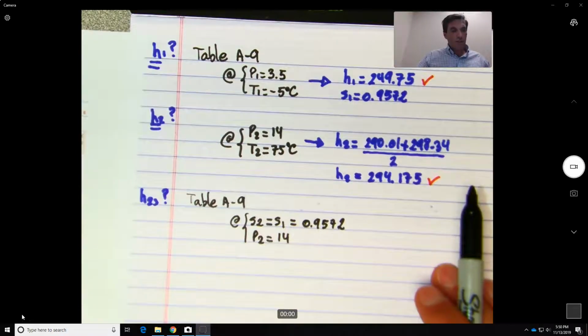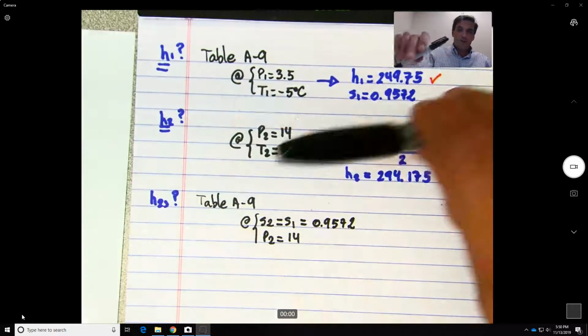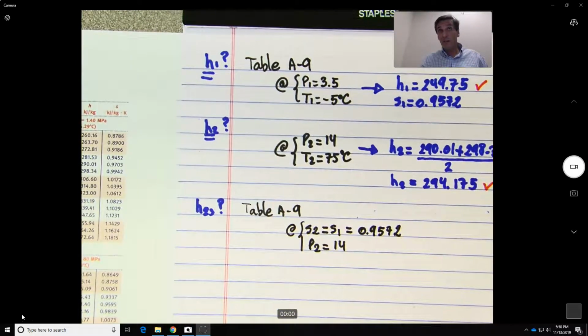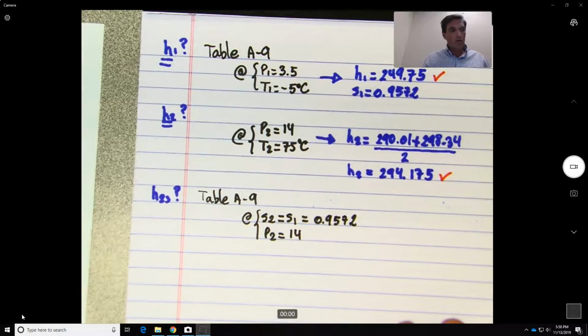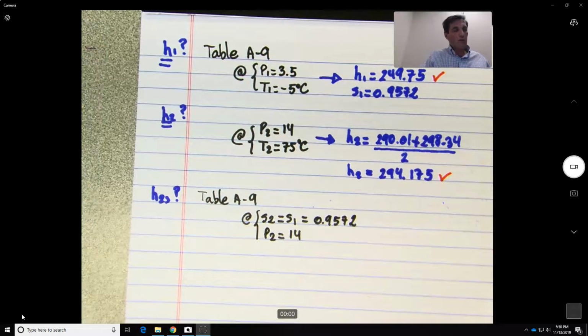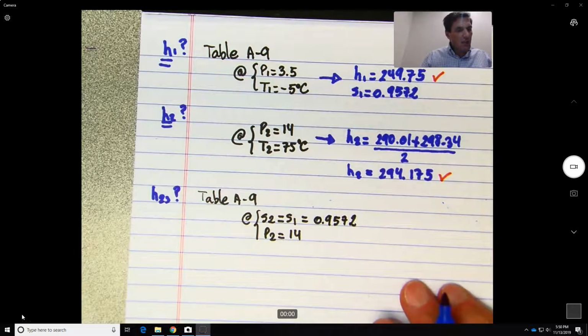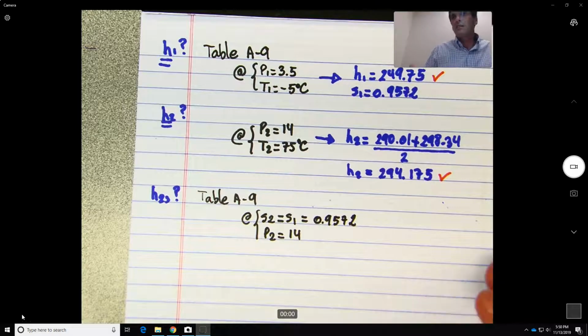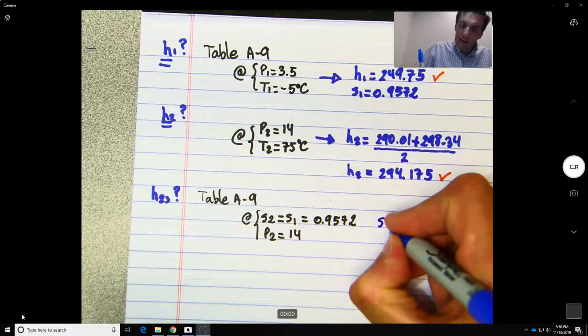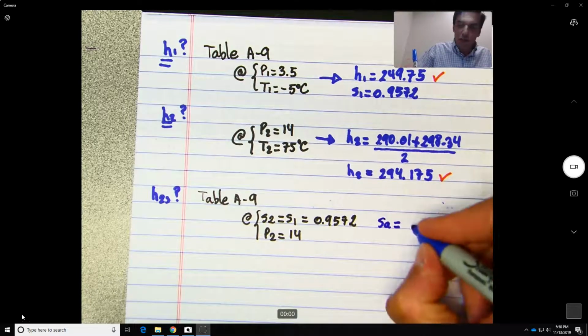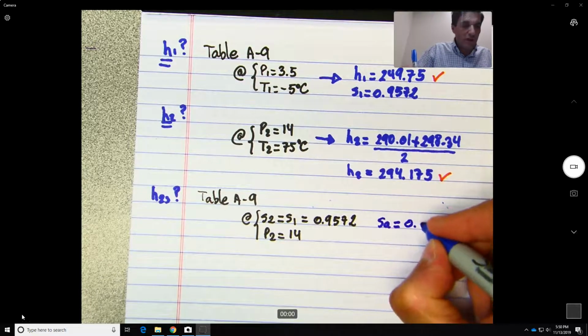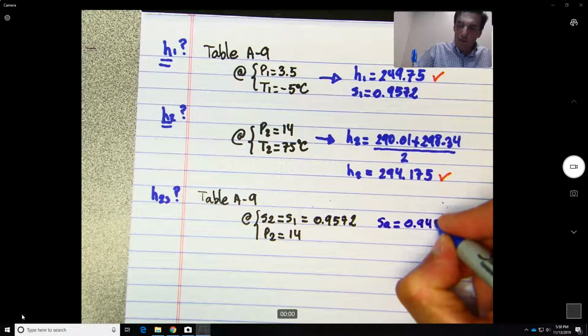Okay, so let me copy those values. So you go to table A9 for the pressure 14, and if you look at the temperature of 60, we'll have that S sub A, let me call this one, will be equal to 0.9452.